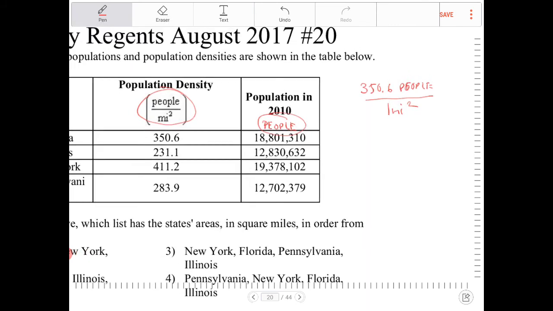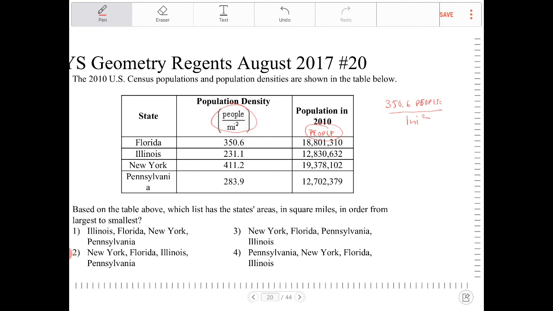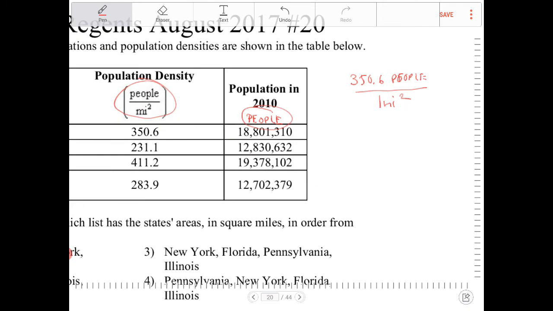So this question is less of a geometry problem and more of a unit analysis question. How do we get square miles out of these two particular quantities? Are we going to have to multiply people per mile squared with people? Will we end up with square miles as a result?